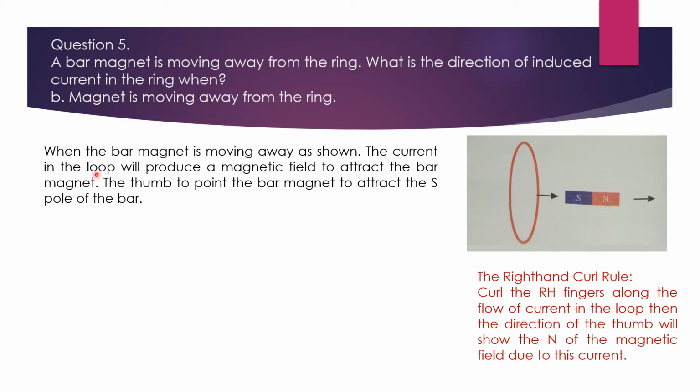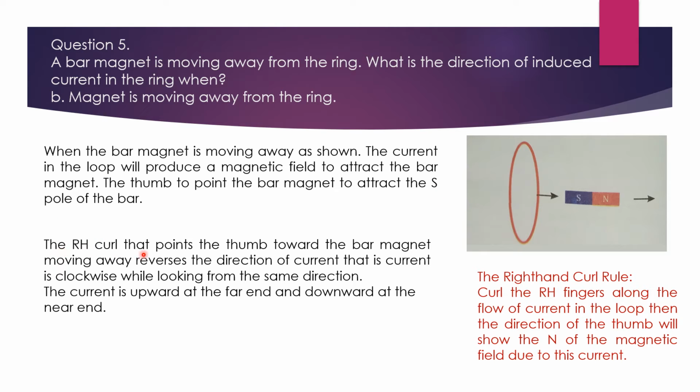The current in the loop will produce a magnetic field to attract the bar magnet, so the thumb must point toward the bar magnet to attract the south pole of the bar. The right hand curl points the thumb toward the bar magnet. This is the right hand curl. Now the direction of the current is changed.